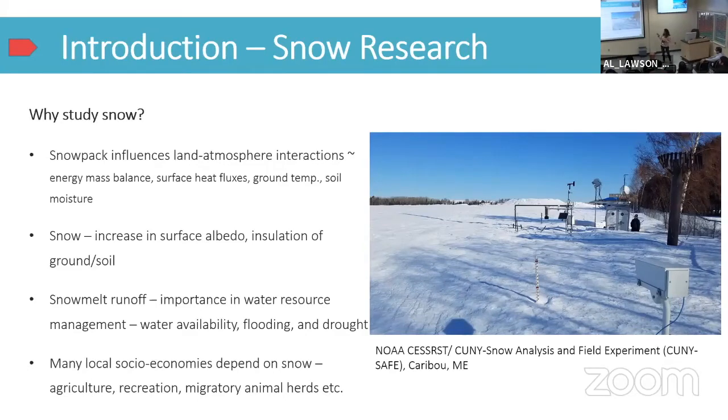The picture in the background is our joint NOAA CSERT and CUNY experimental site. We call it CUNY SAFE up in Caribou, Maine, where we have radiometers and a met station and sensors to measure snow water equivalent.